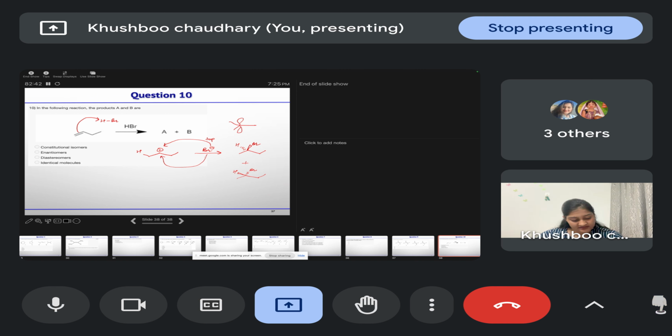Only one. Diastereomers are possible only if two chiral centers are there, so diastereomer is not the option. Are these molecules identical? No, enantiomers will form. They are mirror images of each other, and the mirror images are non-superimposable. If we have one chiral center, the stereochemistry is opposite at the center. That means if one is R, the other will be S. So these are enantiomers of each other. Okay, ma'am. So the correct option is option B.